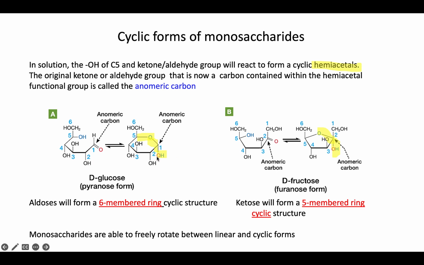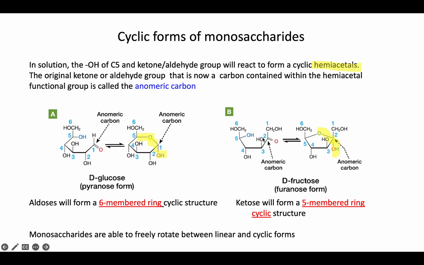So what you can see is that the original aldehyde group that was present in the linear structure is now contained within the hemiacetal group in the cyclic structure. And this carbon within the hemiacetal group, we call the anomeric carbon. So aldoses, at least 6 carbon aldoses, will form a 6-membered cyclic structure.